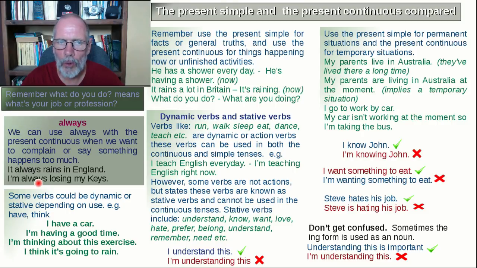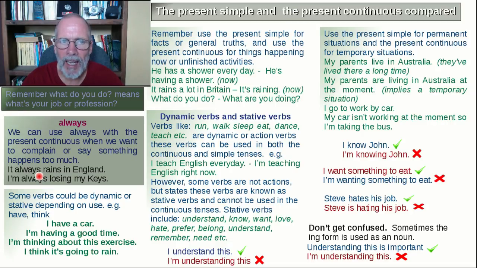And when we use "always" in the present continuous, the speaker implies that he or she thinks this happens too much. It's like a complaint. If I say, "I'm always losing my keys," it's something that I think happens too much. Here, when I said, "it always rains in England," it's just a statement of fact.